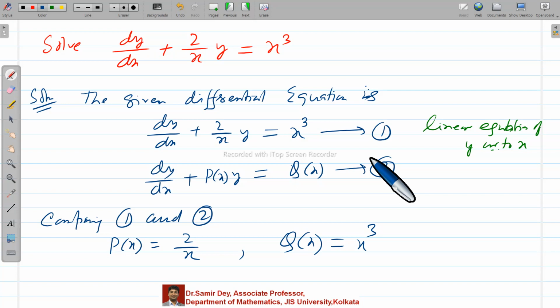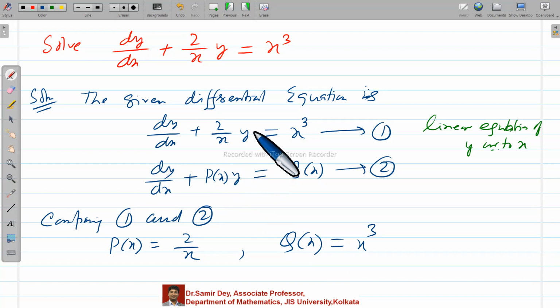I repeat: first you write down your given differential equation, linear differential equation of first order first degree of y with respect to x. Then you write down the general form dy/dx + P(x)y = Q(x). Write equation number 2 and the previous one equation number 1. Now compare equation 1 and equation 2 to find the values of P(x) and Q(x).